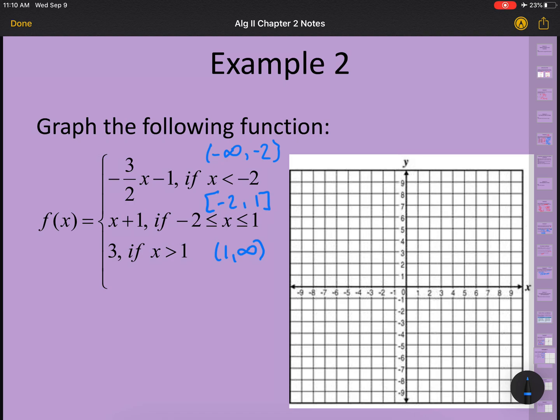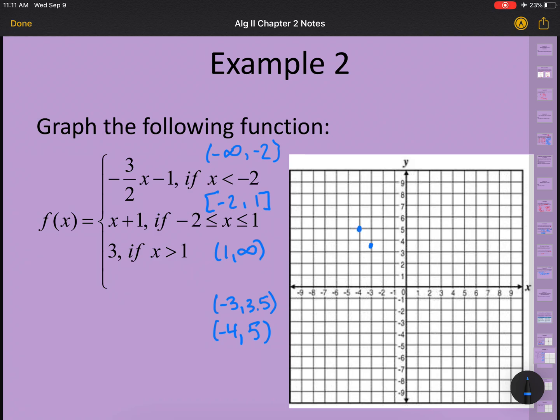So you plugged in negative 3 and got back 3.5 or 3 1/2. So negative 3, 3 1/2. Okay, and if you try to plug in negative 4, negative 3 halves times negative 4 minus 1 gives you back straight up 5. So negative 4, 5.